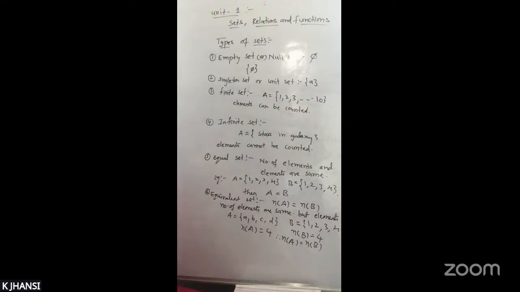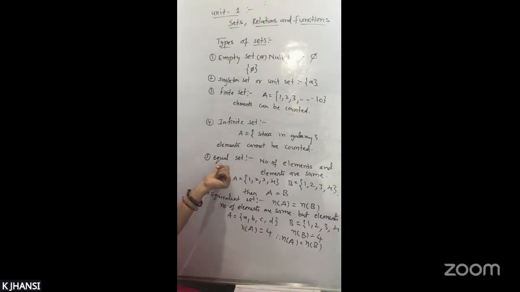When we say sub, from any set A, in any set B. Set A, think it has elements 1, 2, 3, 4. If you take set B, it has 1, 2, 3, 4, 5, 6, including the elements of set A and some extra elements. Even in some cases, the same elements will be there.